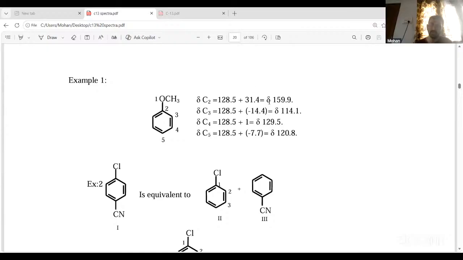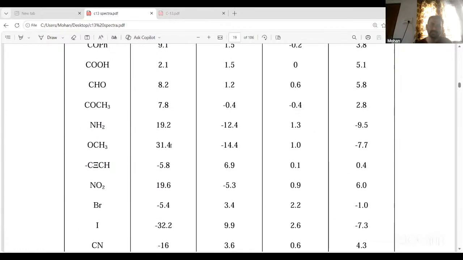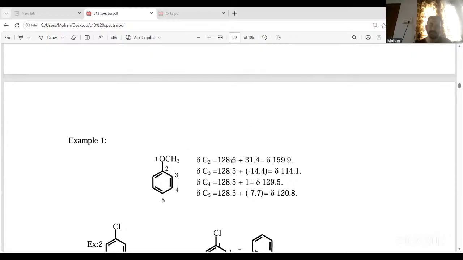The value considered for the methoxy group is 31.4, because it is on the C1 carbon. So we add this value to 128.5, and it becomes 159.9. So for the C1 carbon, the value is this one.